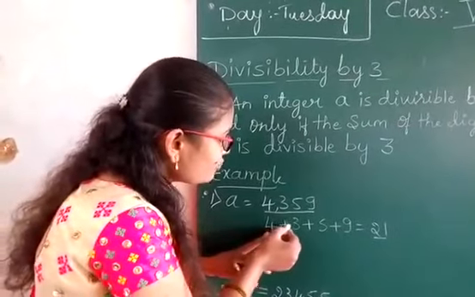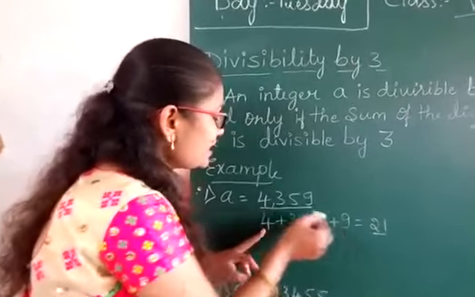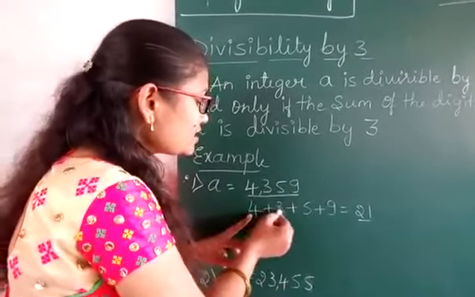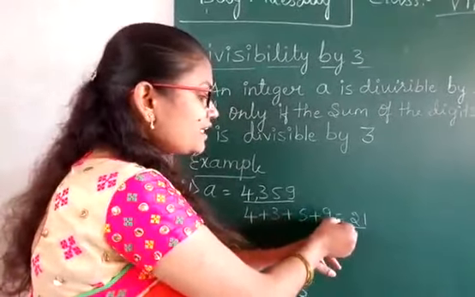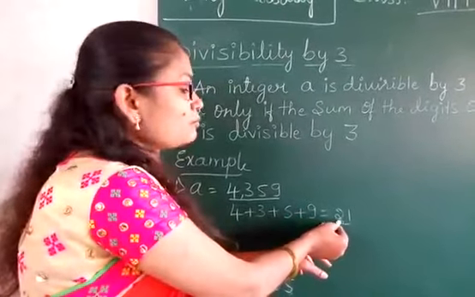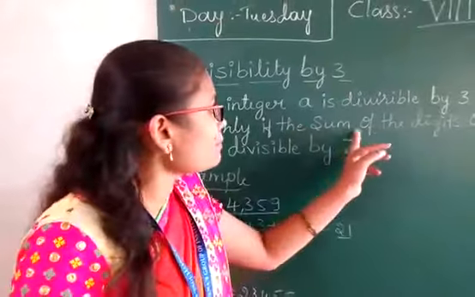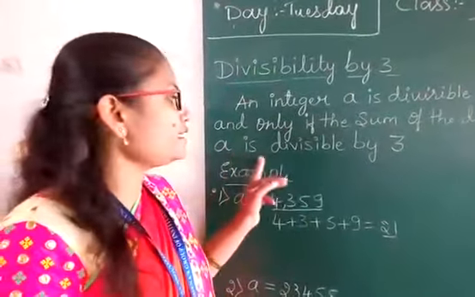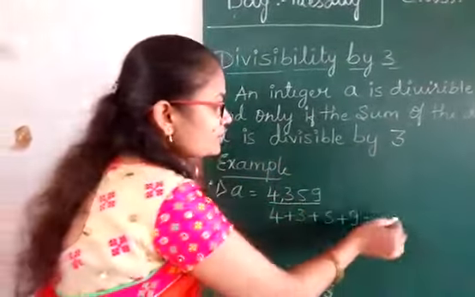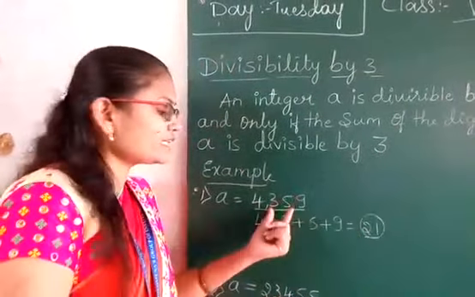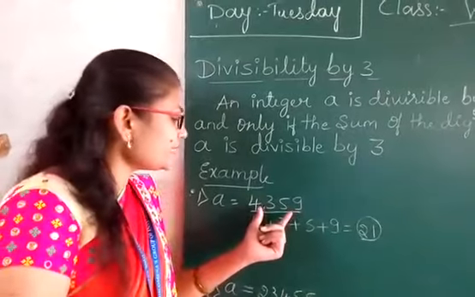I added 4 plus 3 plus 5 plus 9, and after adding I got the sum 21. The sum of the digits of a must be divisible by 3. Then only can we say this number is divisible by 3.